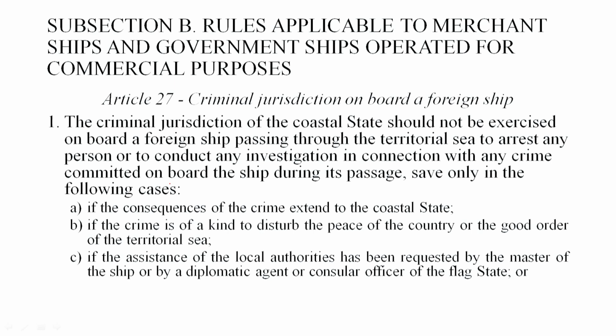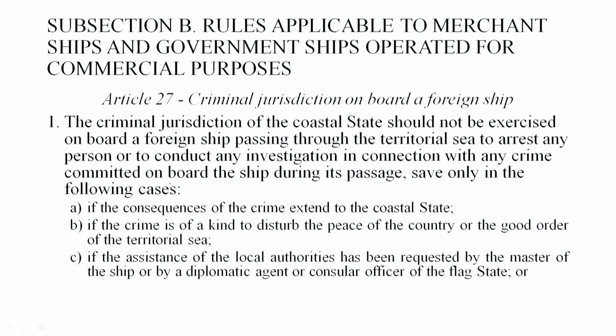Here, Article 27 of UNCLOS states the criminal jurisdiction on board a foreign ship. The criminal jurisdiction of the coastal state should not be exercised on board a foreign ship passing through the territorial sea to arrest any person or to conduct any investigation in connection with any crime committed on board the ship during its passage, save only in the following cases.